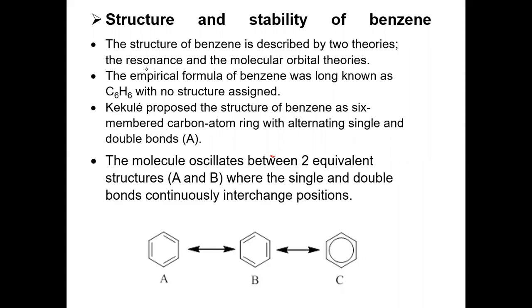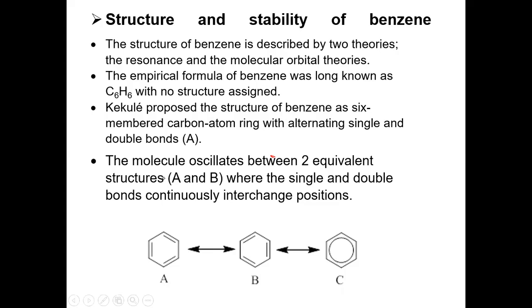So we'll start appreciating some of the properties that even benzene has, right? Good. So there are two theories, the resonance and the molecular orbital theory. Now we said the empirical formula of benzene was known, but we didn't know the structure. So we knew for long that benzene was C6H6, but nobody knew the structure.